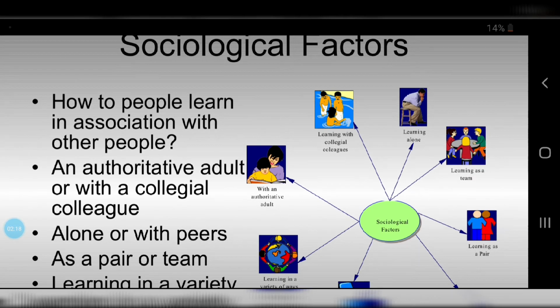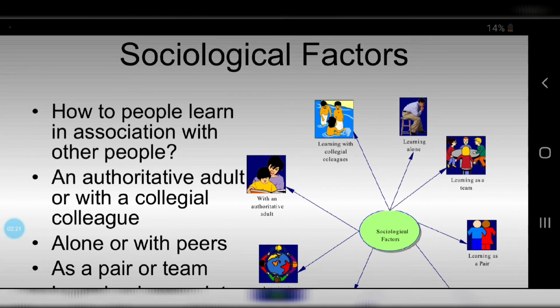And then we have sociological factors. This one represents elements related to how individuals learn in association with other people. Do they learn alone or with peers, or with authoritative adults, or learn best with collegial colleagues?